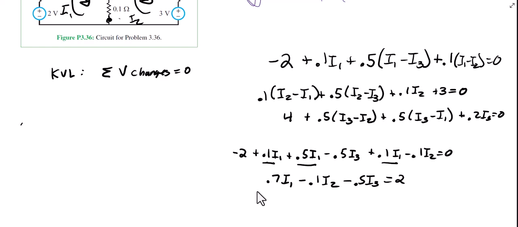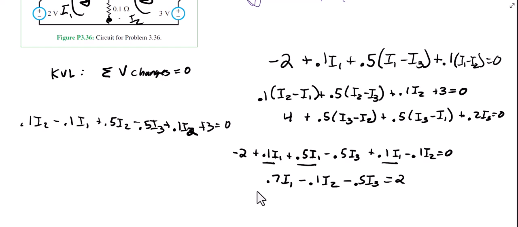My second equation, I have 0.1 I2 minus 0.1 I1 plus 0.5 I2 minus 0.5 I3 plus 0.1 I2 plus 3 equals 0.